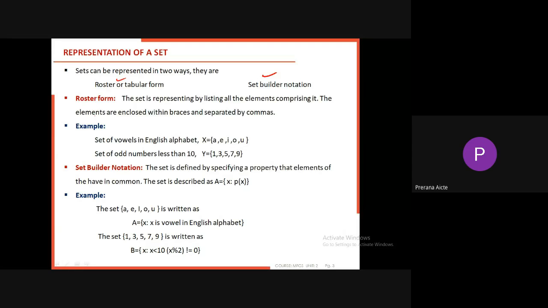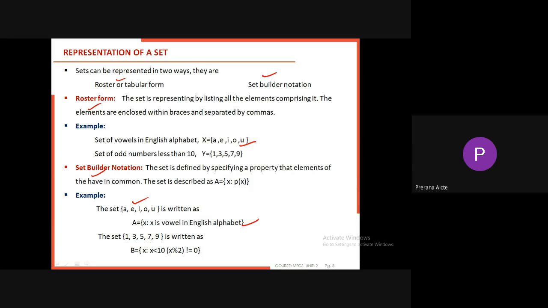Roster or tabular form means in this method we list out all the elements within curly braces separated with commas. In set builder notation, we represent the property of the element within some notation, the common property for all the elements. For example, to represent vowels, A is equal to {x such that x is a vowel in the English alphabet}.